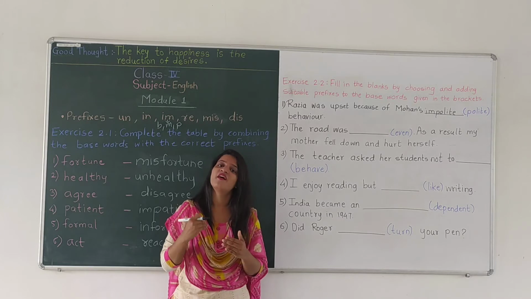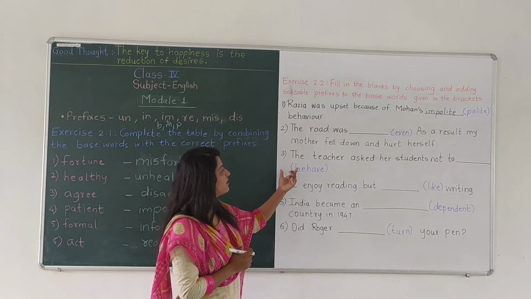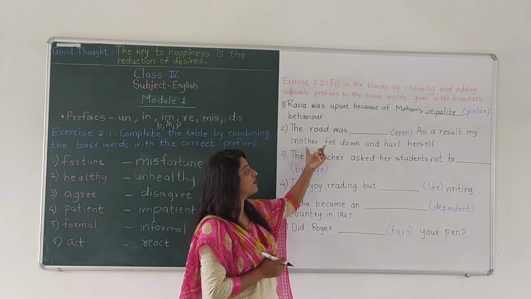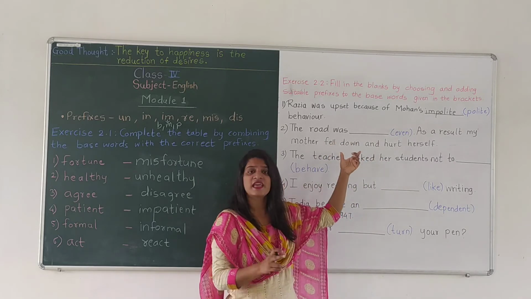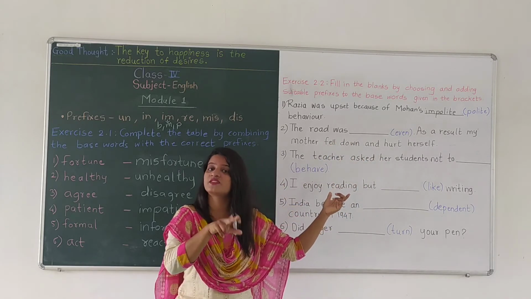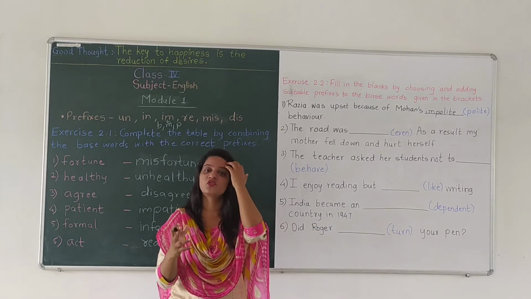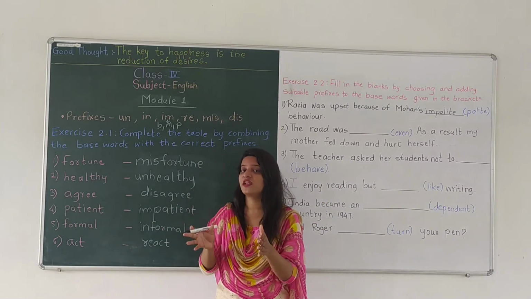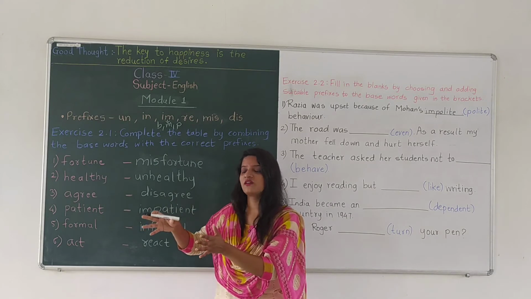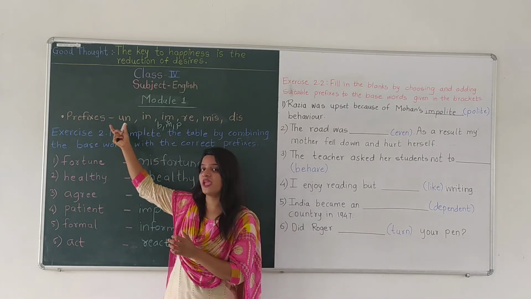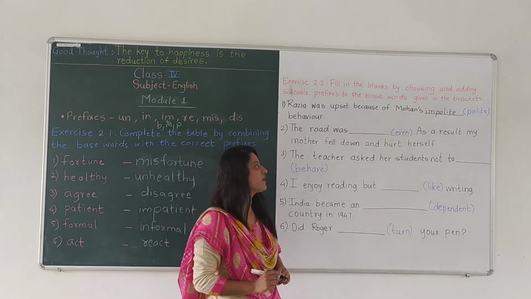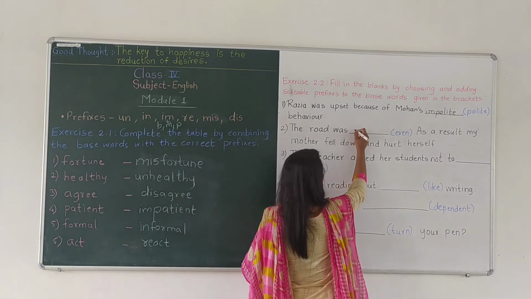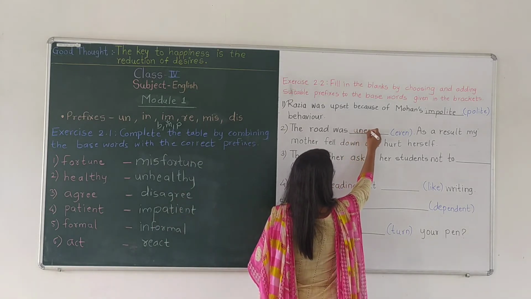Sometimes we fall down. So what is mentioned here? That mother fell down and hurt herself. Why? Because the road was even? No, because it was not even. So which prefix conveys the meaning of not? Un is the prefix that means not. So you can write uneven.